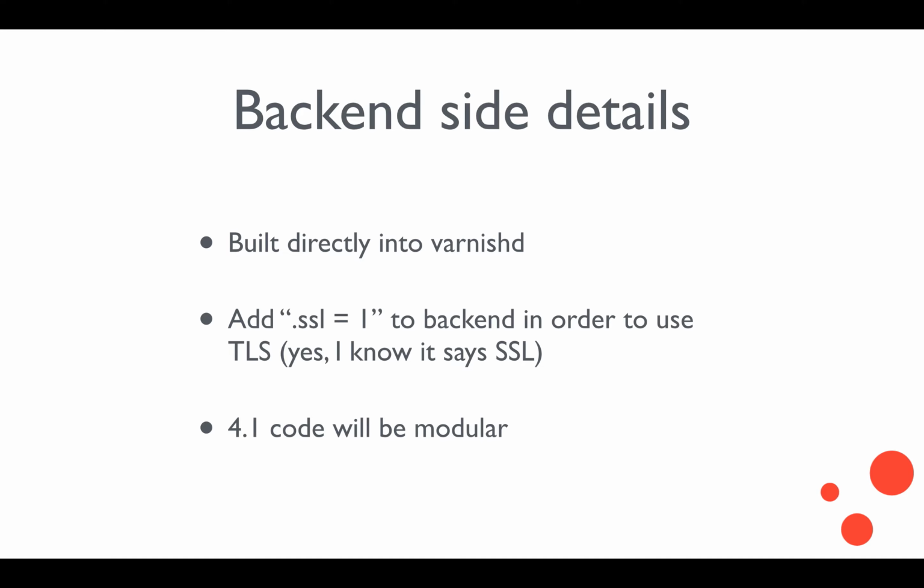One implementation detail that makes the backend connections in Varnish very fast is that we are able to reuse connections all the time. And in order to know that we can reuse a connection, we need complete control over the status of that connection.